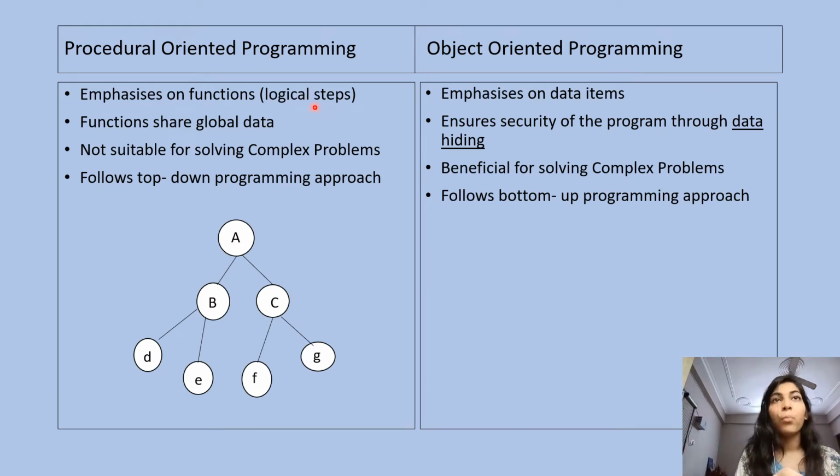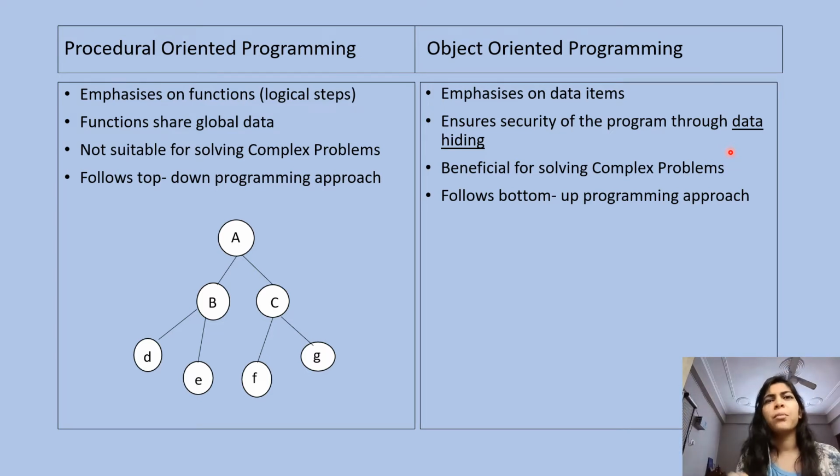But object-oriented programming ensures data security of the program through data hiding. Now, what is data hiding? Data hiding refers to showing only the essential features while hiding the non-essential ones, right? Suppose there's a function in Java which you'll study further, which is math.sqrt, which basically gives you the square root of a number.